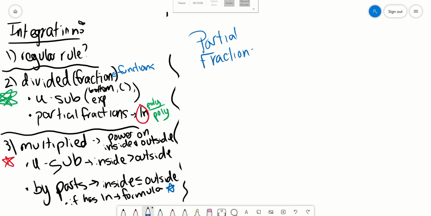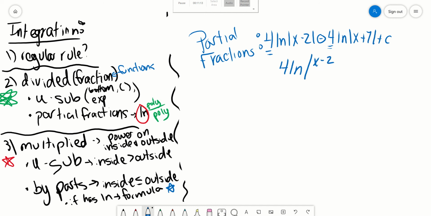if you ended up with an answer that looks like 4 ln of x minus 2 minus 4 ln of x plus 7, on the AP exam, they are going to combine those. Since they have the same coefficient, this is subtracted. That means they're going to combine into division.